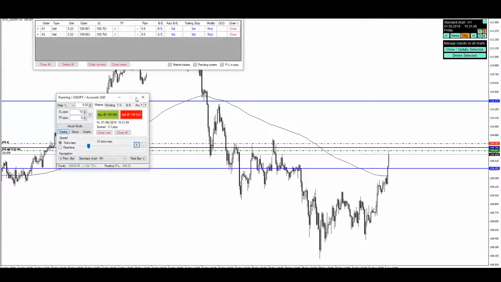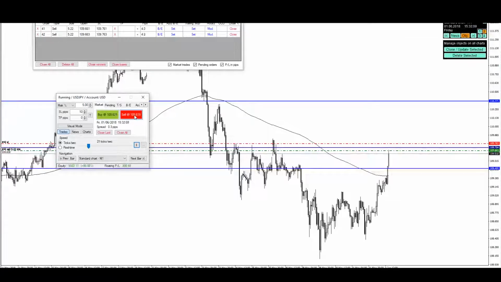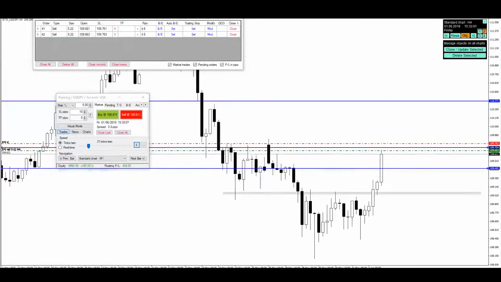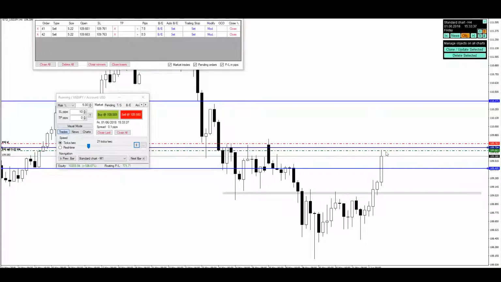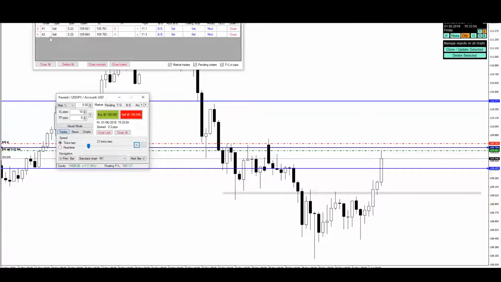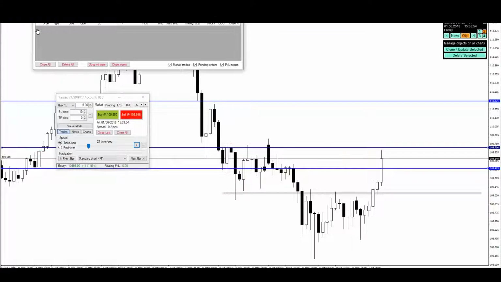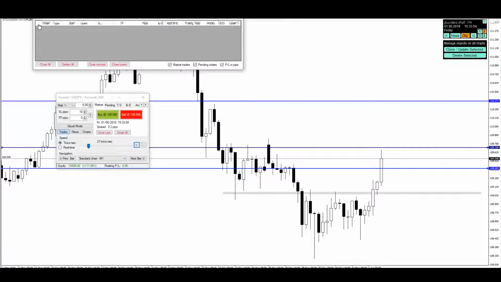Okay, yeah, there it is. See, same thing. Selling from like a higher time frame zone. There you go. Got 10 pips. Done. Close. That's it.